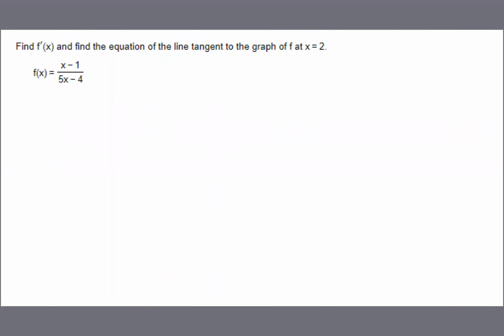Okay, so in this problem, we're going to do the same thing. We're going to find the derivative and the equation of the tangent line. So in here, we have a fraction, so we're going to use the quotient rule.